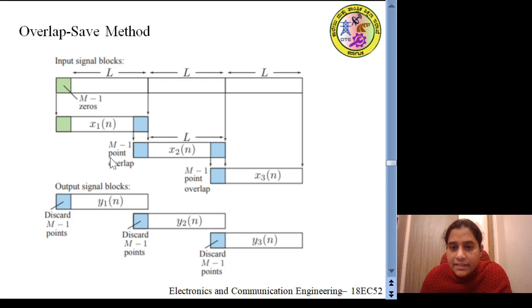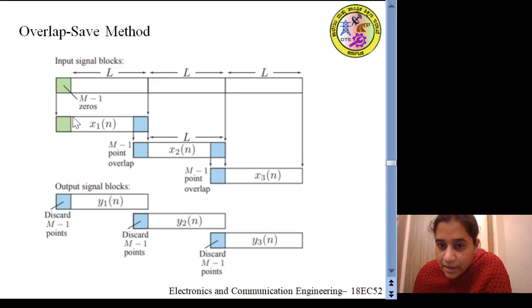Before that, let us see how exactly we are doing. We are considering a long input signal, and we will be dividing it into blocks of length L. That means there are L samples in each block. These L samples will be taken from the incoming signal x of n, to which we are appending m minus 1 zeros in the beginning itself, in the first block.